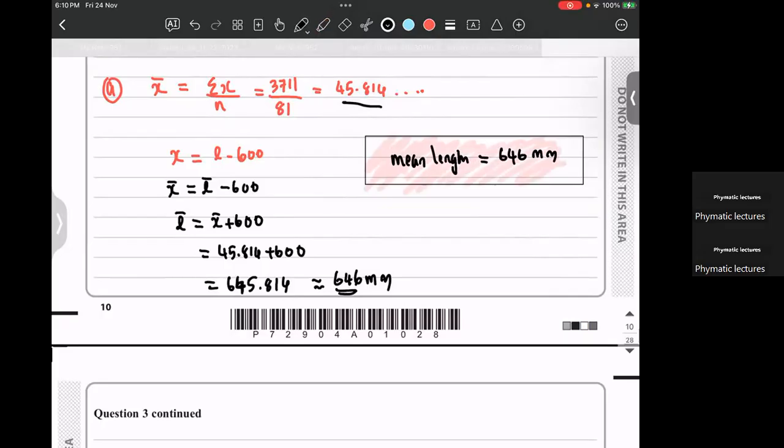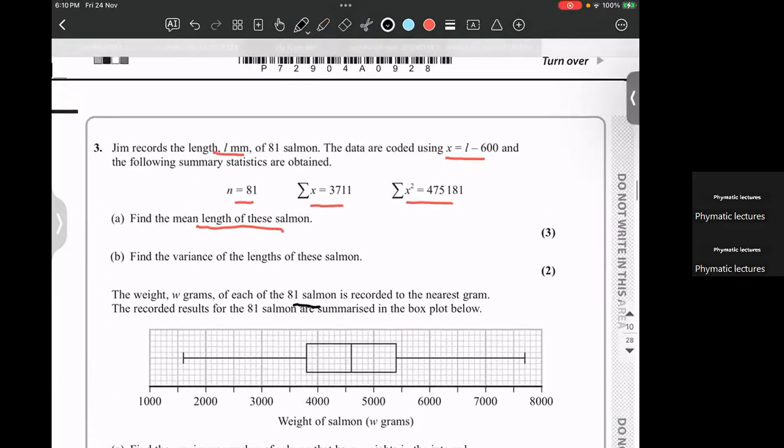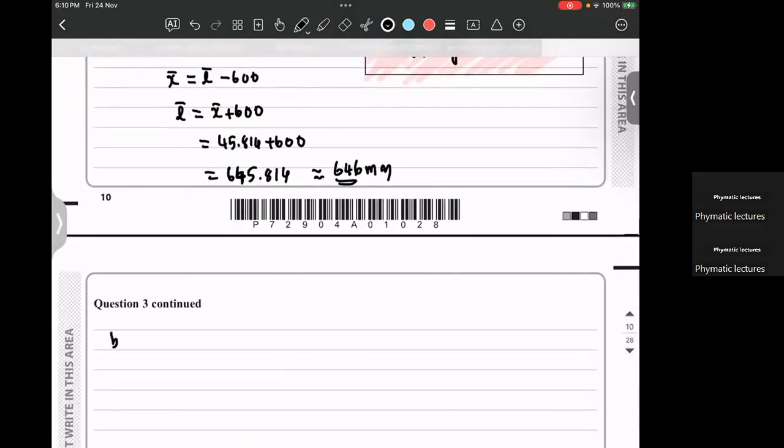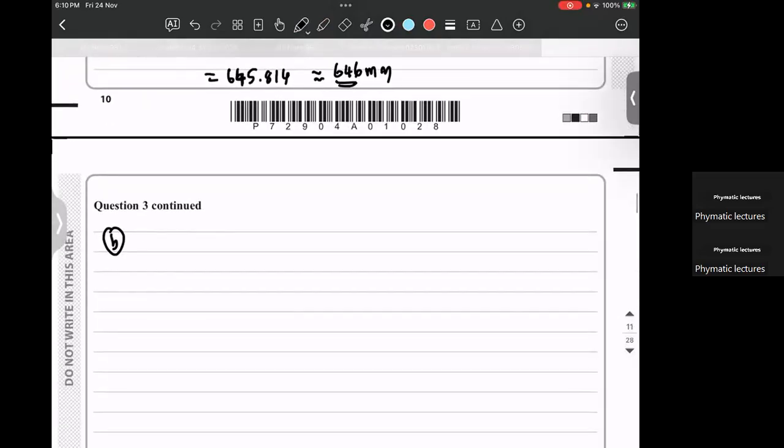Okay, fine. Now, in the B question, they are asking to find the variance. So the equation for the variance is sigma square. First of all, we will find the variance of x.